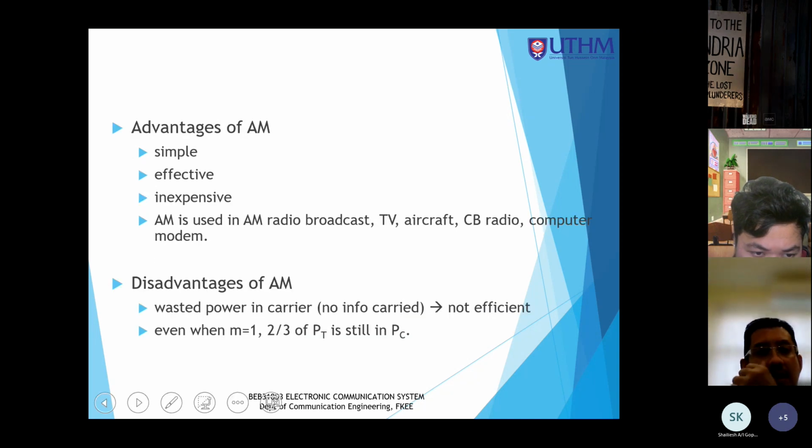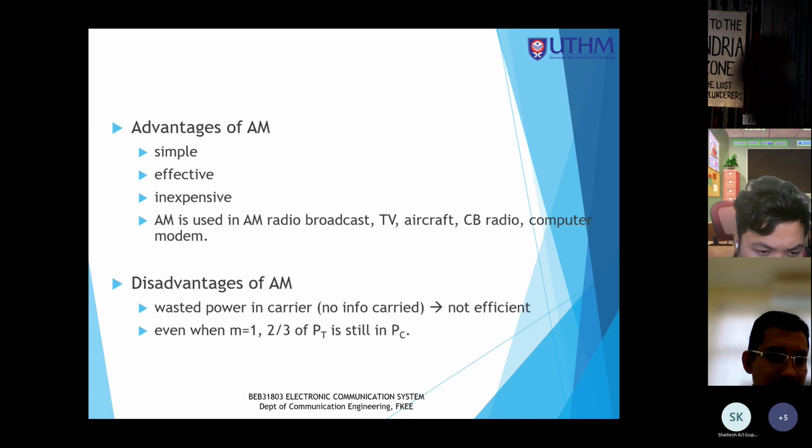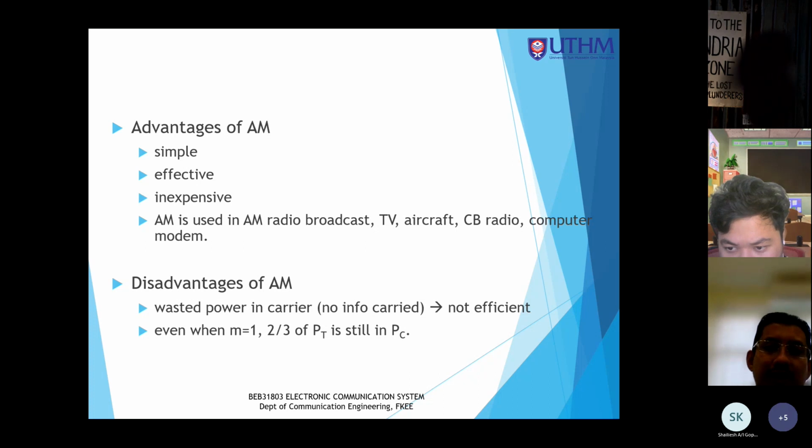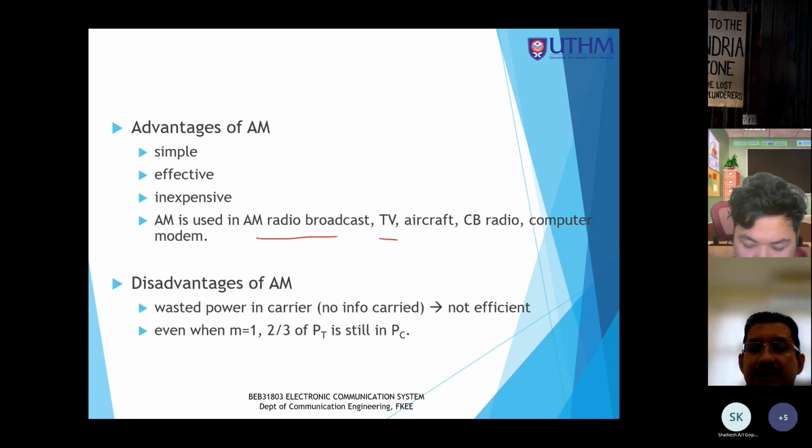Okay. So ada beberapa kebaikan menggunakan AM signal. Contohnya dia punya circuit adalah simple, prosesnya lebih efektif, dia tidak mahal, dan digunakan dalam AM radio broadcast, TV broadcast, aircraft dan sebagainya.